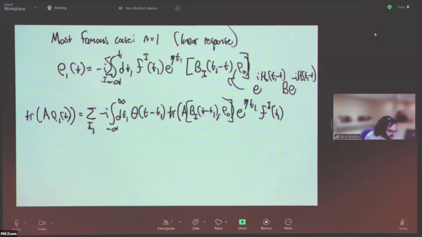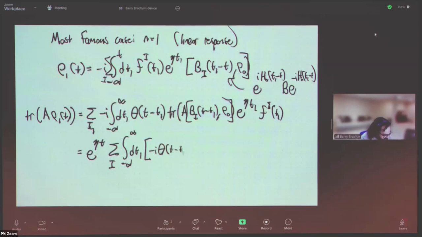Okay. We can play around with some trace identities and shifting time arguments around with time translation invariance. And we can rewrite this in a form that is most similar to what we had when we defined chi1. We have our integral, dt1, and then I'll put some brackets here, minus I theta of t minus t1.